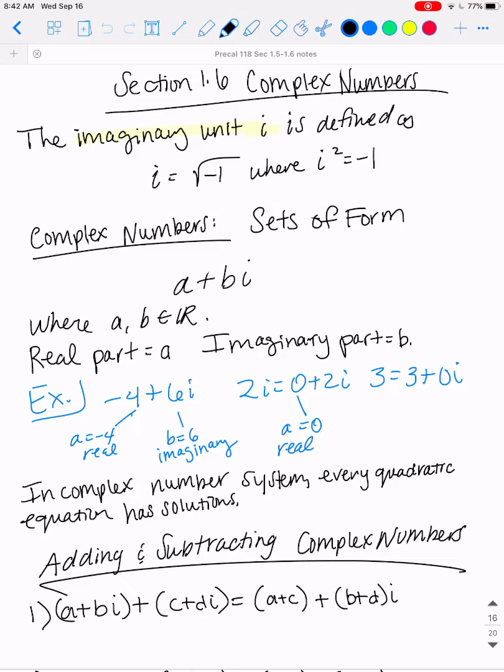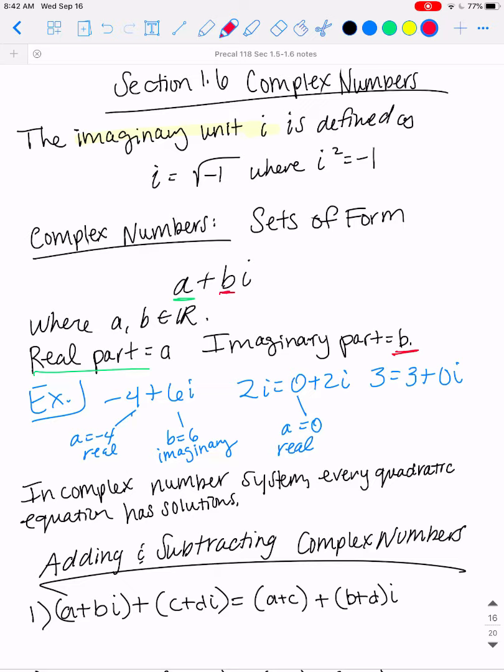Complex numbers are sets of the form a plus bi, where a and b are real numbers. Our real part here is a, and our imaginary part is b. For example, we have -4 plus 6i, 2i equals 0 plus 2i, and 3 equals 3 plus 0i.